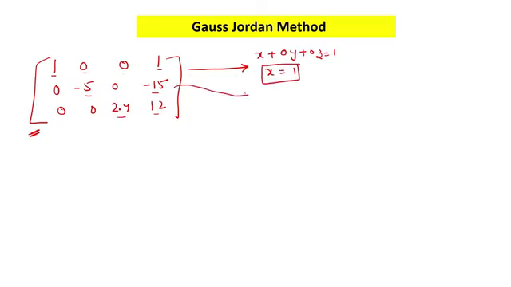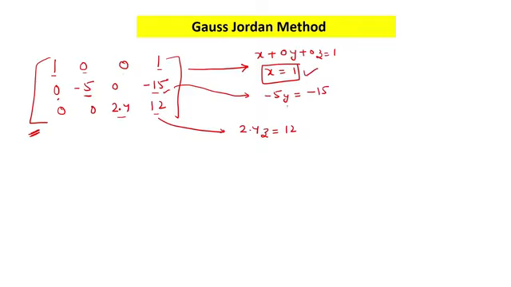In the same way, I can write minus 5 here, and the rest are 0, so I am not writing the x coefficient. This will be the coefficient of y, so I say minus 5y equal to the constant value minus 15. The same way, I can write 2.4 as the coefficient of z equal to 12. Here we found the value of x.